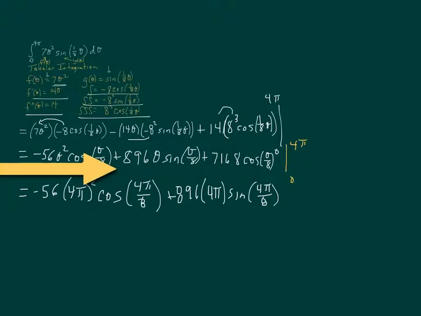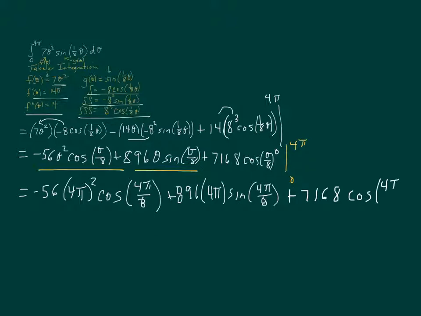Alright, where am I? So I've done this one and this one. And so now I need the plus 7168 cosine of 4 pi over 8.